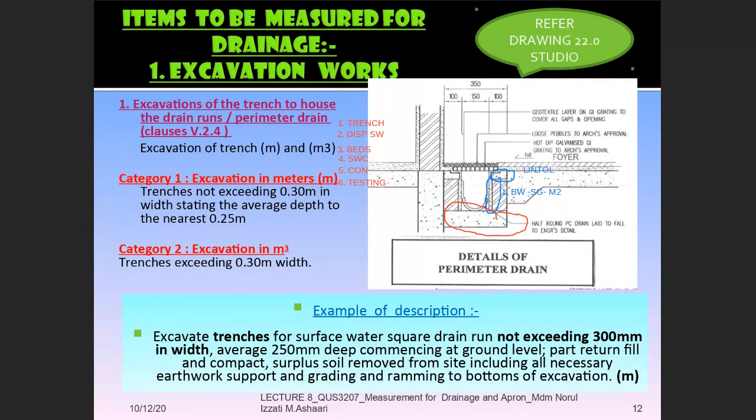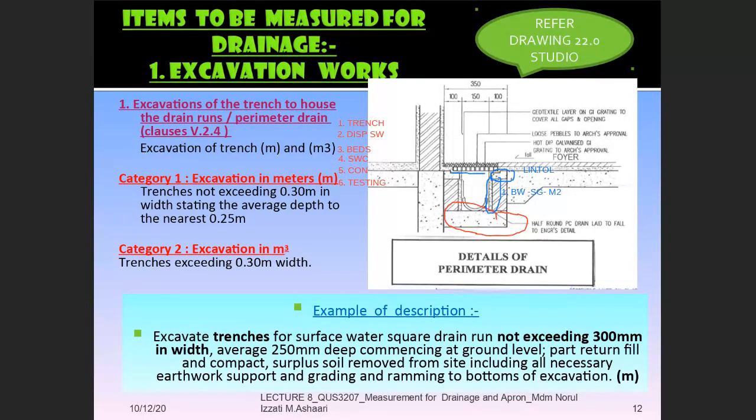This is your grating. So you have to measure the lintel. Since there is no information about the lintel, whether it is precast or in situ, you have to measure it in situ. Precast can only be measured as precast if there is information about precast. If not, you have to measure the lintel as in situ concrete work.